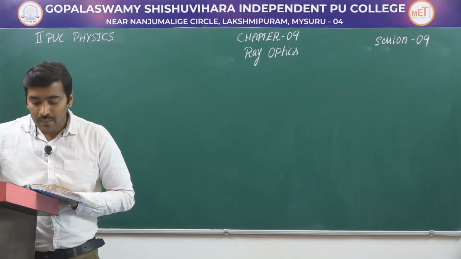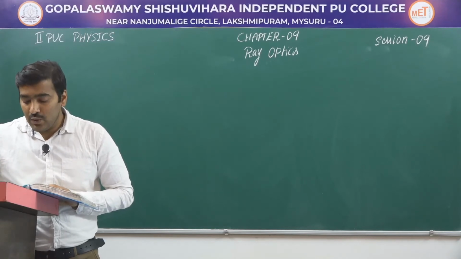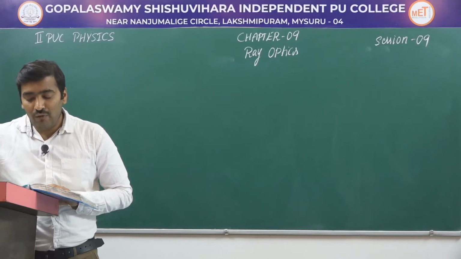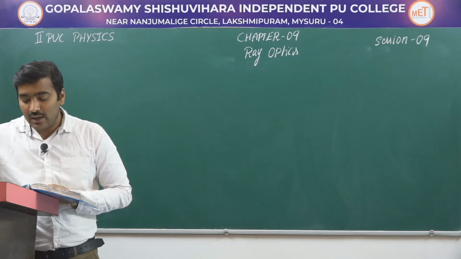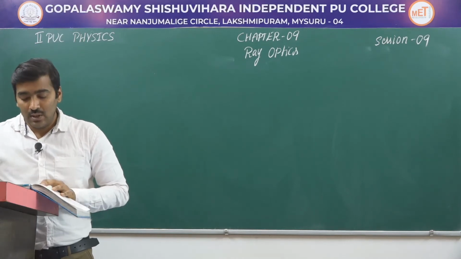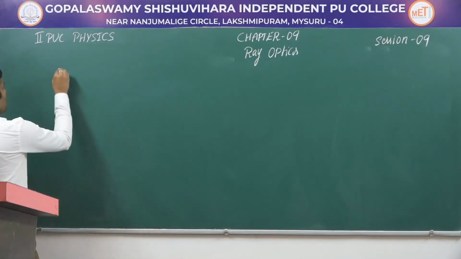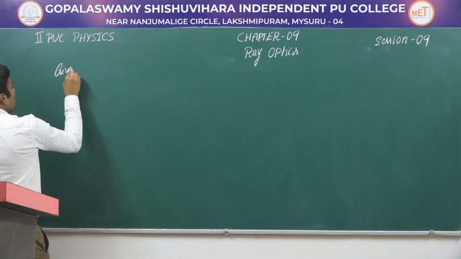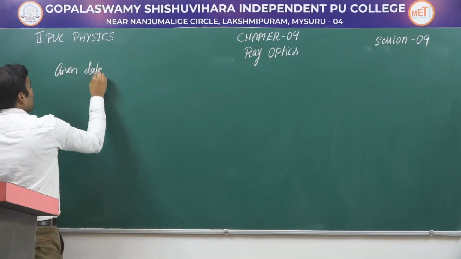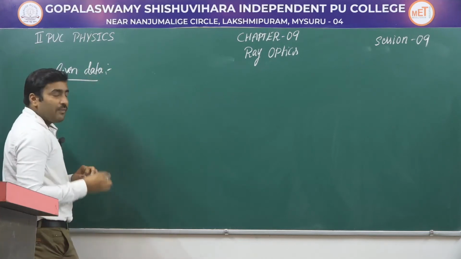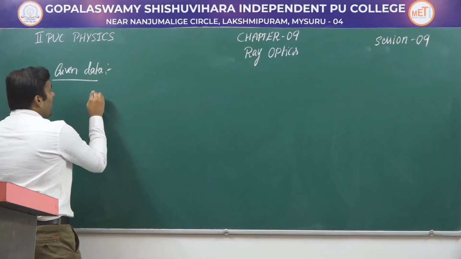Now the second problem. An equilateral prism produces a minimum deviation of 40 degree. What is the refractive index of the material of the prism, and also calculate the angle of incidence. Let's do this. Let us write the given things. They have given that it is an equilateral prism.